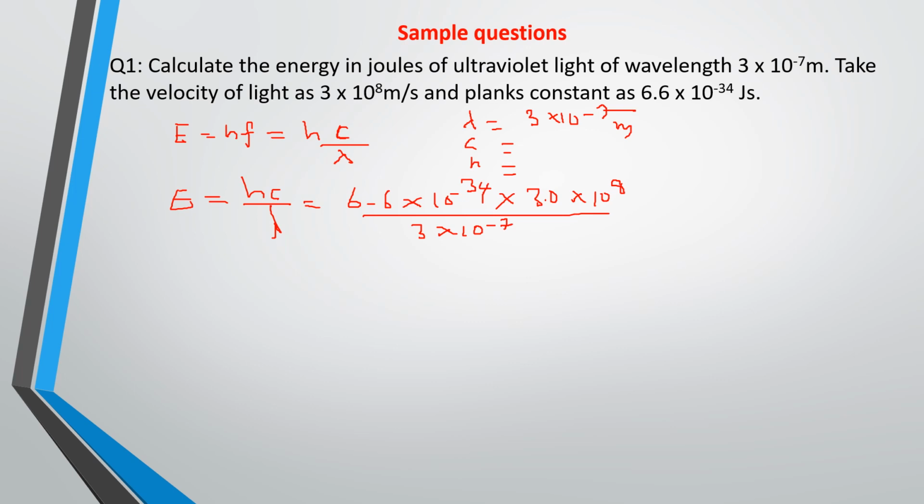Okay, so if you work this out with your calculator, you are going to have 6.6 times 10 raised to the power minus 19 joule.